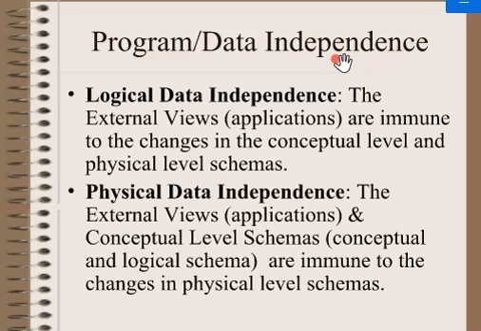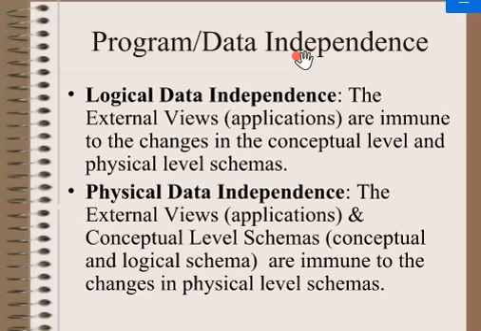So what is data independence? The three schema architecture can be used to further explain the concept called data independence, which can be defined as the capacity to change the schema at one level of the database system without having to change the schema at the next higher level.